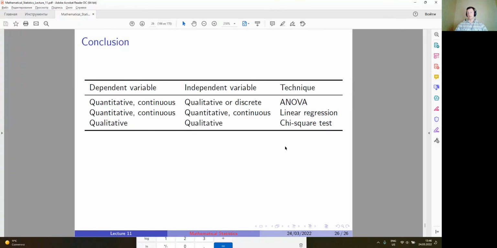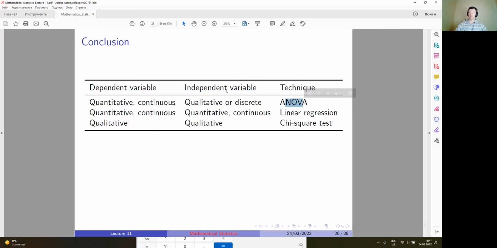And here is some wrap up of which techniques we apply when we want to verify the dependency between variables, depending on the type of these variables. If our dependent variable is quantitative and continuous, but the independent variable is qualitative or discrete, we apply ANOVA.